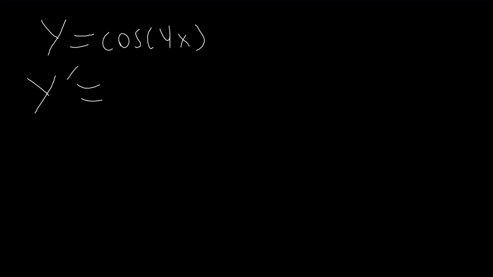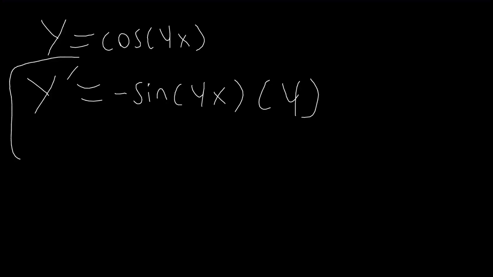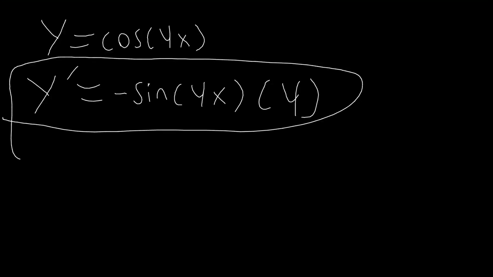So we just take the derivative of the outside, which is going to be negative sine, keep the inside the same, negative sine of 4x, multiply by the derivative of the inside. That's going to be multiplied by 4, and that's going to be our answer.